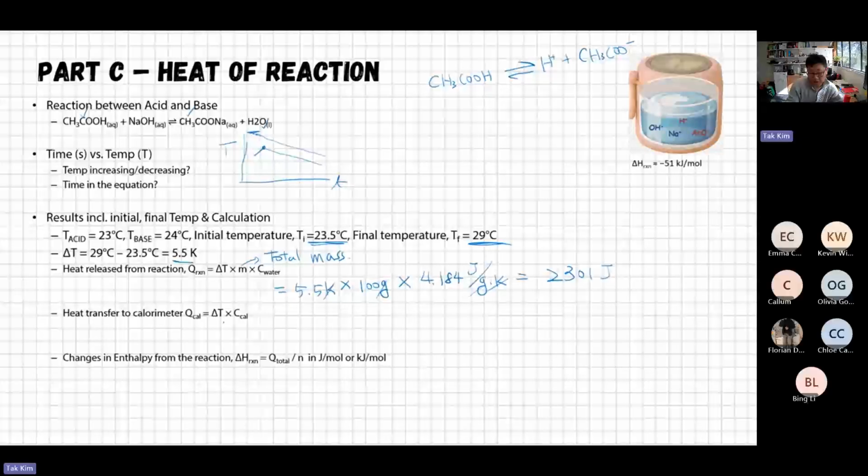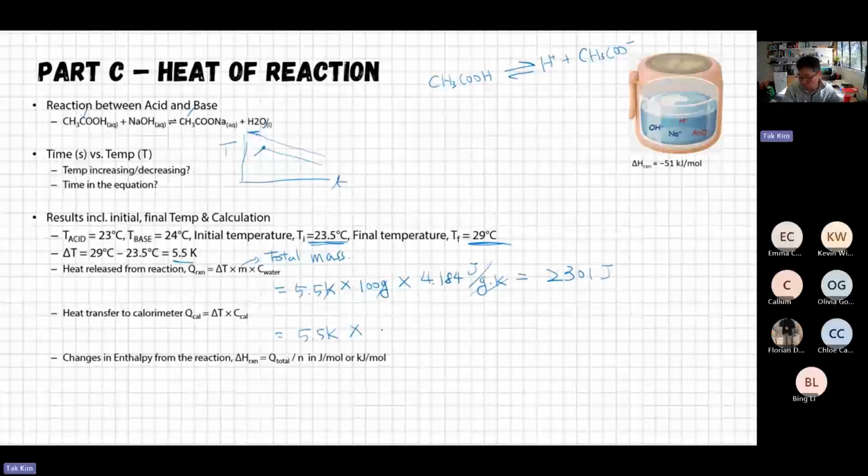And the heat, the energy, we could not measure using the thermometer, which directly went into the calorimeter. The same process. You can use the heat capacity of a calorimeter and the temperature change.